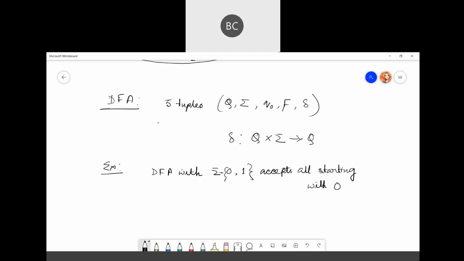Okay. Question will come like this. You have to design a DFA with the input symbols 0 and 1, and it will accept all strings starting with 0. Now there is no transition table given, but you have to construct it here.